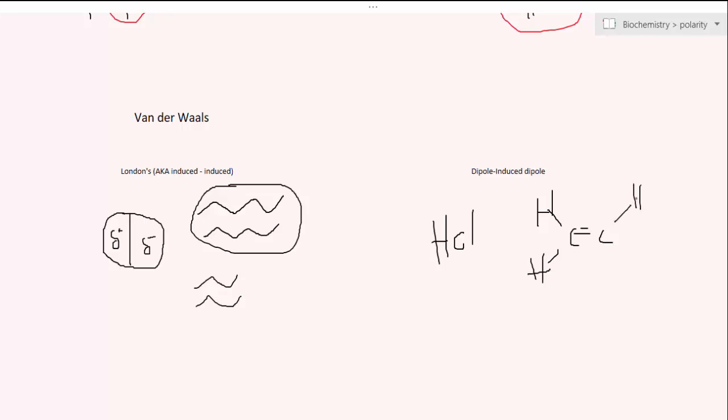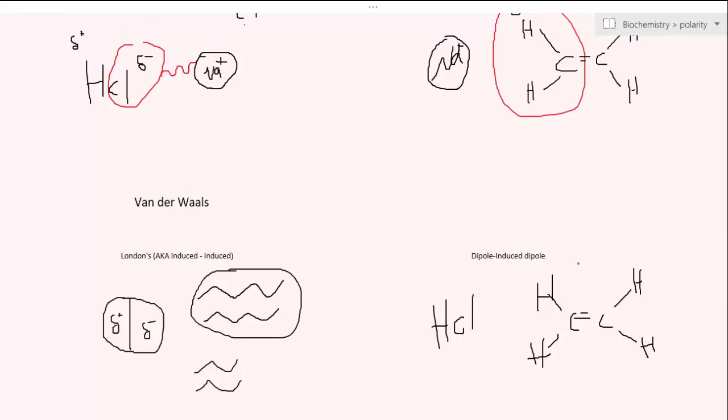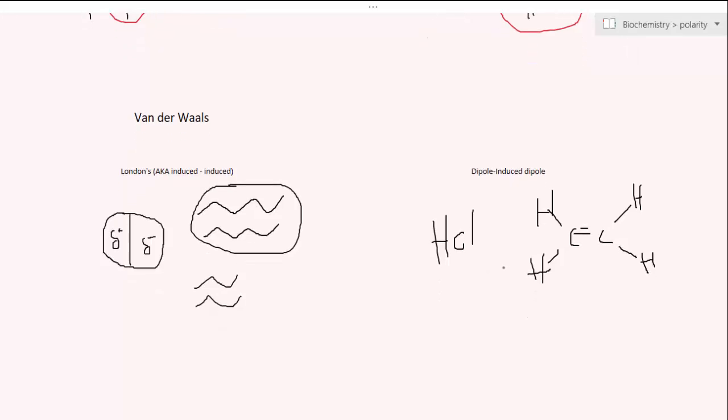So, as in the case here, the dipole will induce this molecule to get partial positive and partial negative charges, to be a dipole, and an electrostatic attraction will happen between them.